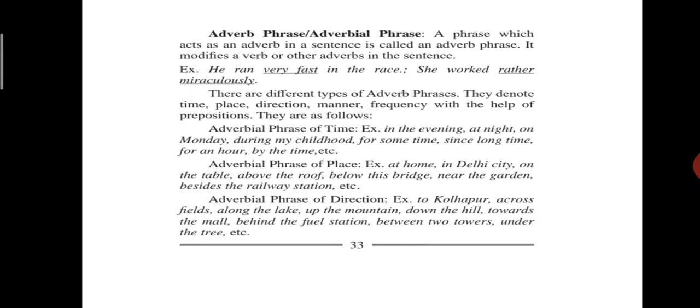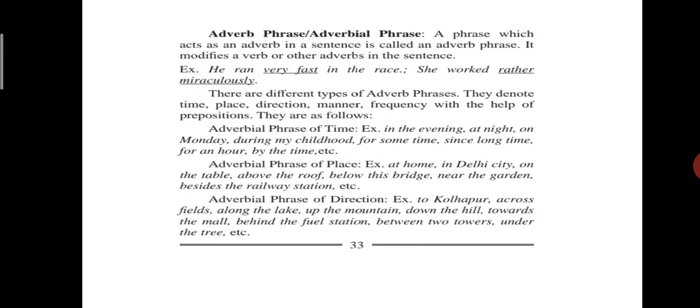There are different types of adverb phrases. They denote time, place, direction, manner, frequency with the help of prepositions. They are as follows. See the examples of adverb phrases. Adverbial phrase of time.